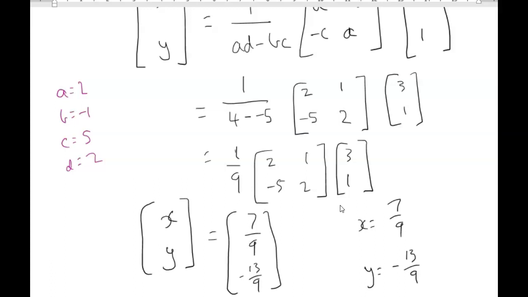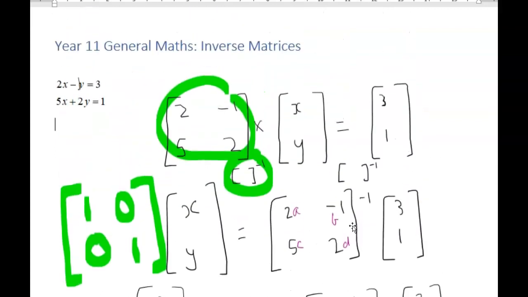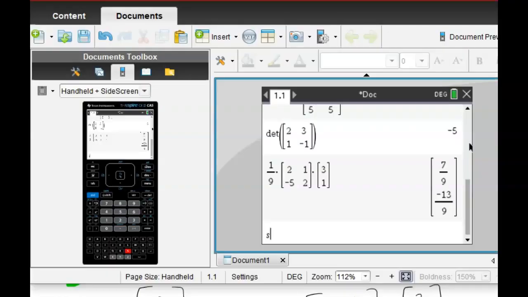Now, I'm not going to go and do these simultaneous equations by hand, but let's just go back up and I'll show you how it works on your calculator. So if you were to check your answer, I'm just writing down the question as I'm talking. You can just solve it as linear equations. So you can type in solve, type in your two equations.